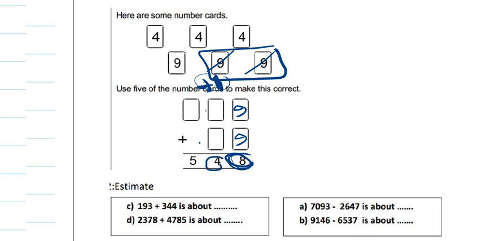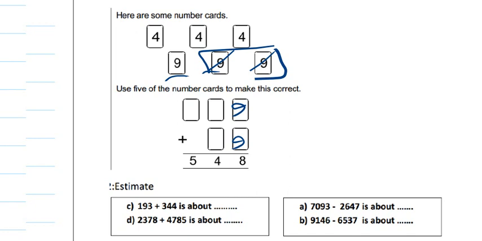Maybe we don't have two cards that add up to 4. So maybe this 4 is 14, not 4. So I need two or three numbers that add up to 14. Again, we need two numbers that add up to 18, so I will use 9 and 9.